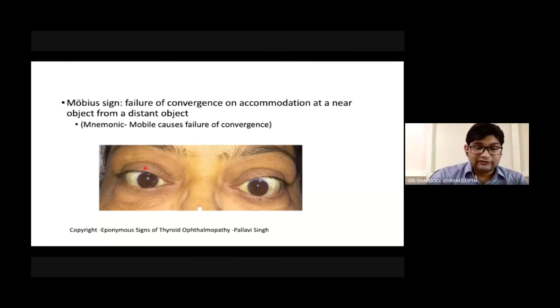As you can see, the eyeball should converge, but there is loss of convergence in this patient. This is known as Moebius sign. Are you guys getting my point or am I just talking to myself?